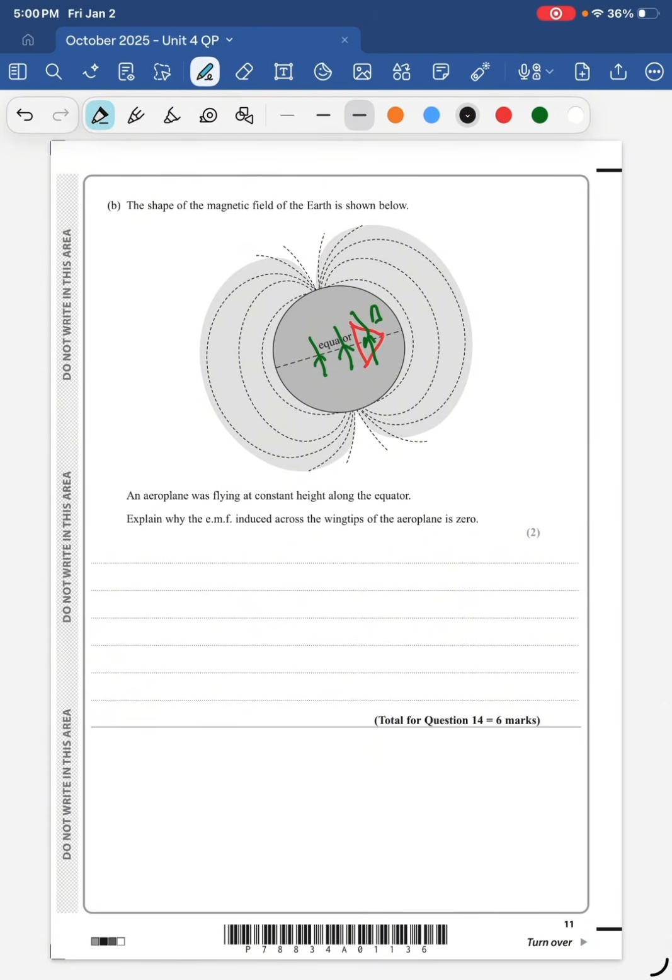So let's write it down. B is horizontal and along the wings of the plane. There are no vertical components.